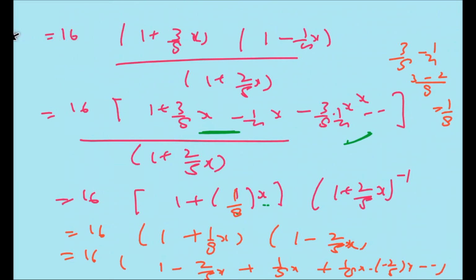So we write here only minus 2 by 5 plus 1 by 8. So we get here 16, 1 plus minus 2 by 5 plus 1 by 8x.